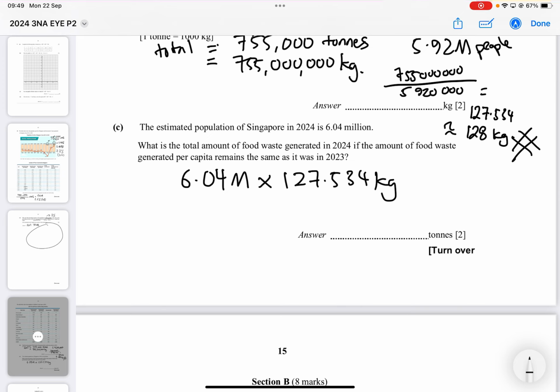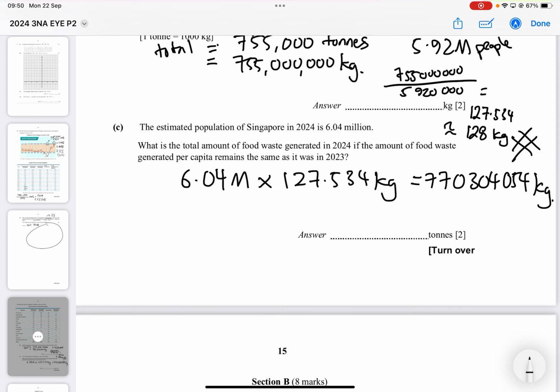When we multiply like that, the answer is 770304054, and this one is in kg. Because we multiply by kg, so this one is in kg.